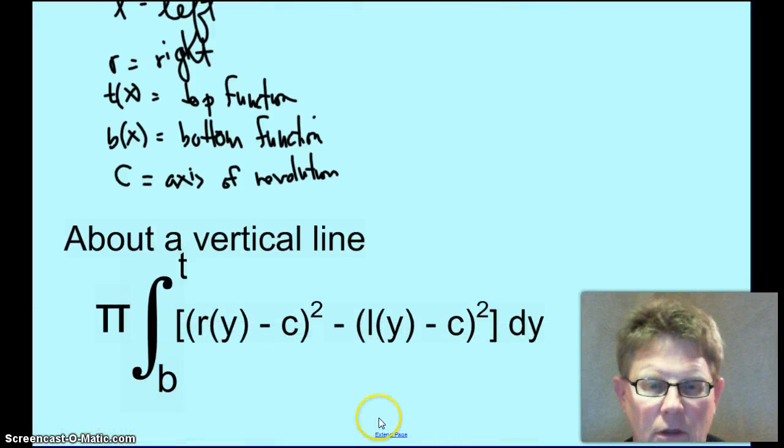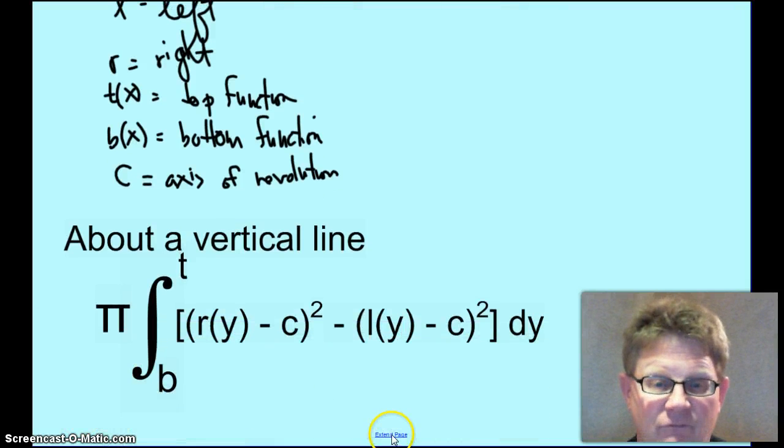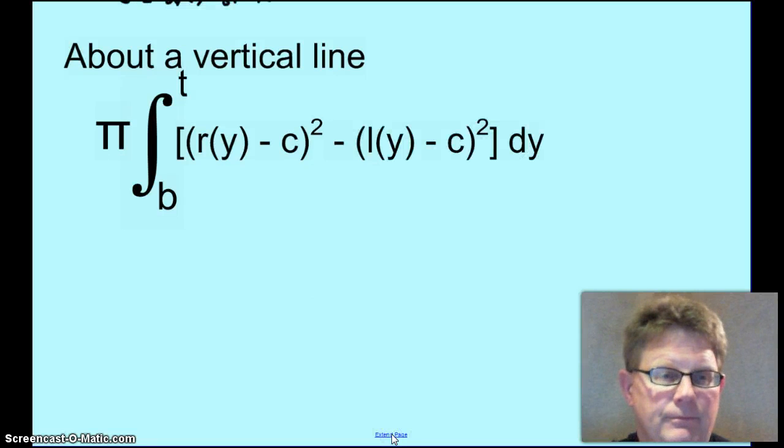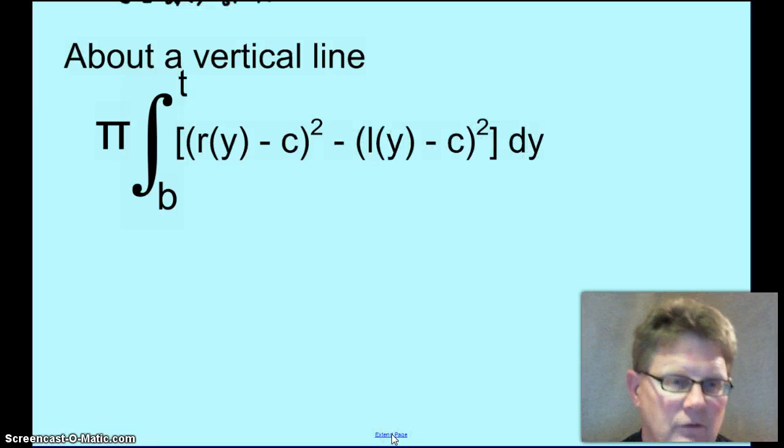Now, if it's revolved about a vertical line, it's again the multiplier pi times the integral from bottom to top. So B equals bottom, T equals top.